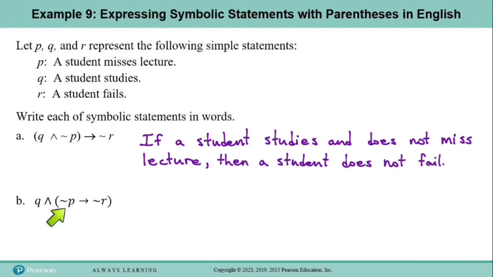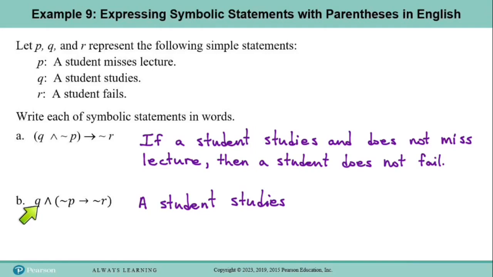And let's look at part B. So here in part B, we have the if not P, then not R part of the statement grouped together. And so we'll start with the Q. Statement Q says a student studies. And then we're going to have the connective and before our if-then statement. But remember, since this if-then statement is grouped together, we're going to need to set it apart with a comma, and the comma needs to come before the word and.